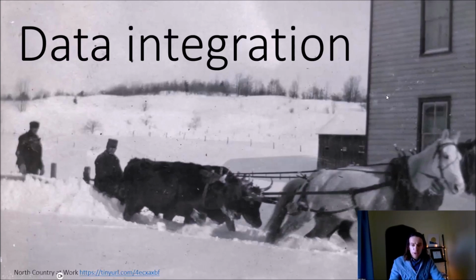I'm not an expert when it comes to horses and oxen, but I assume that these animals require different harnesses. You can't just put a horse in an ox's harness or vice versa. This is true with data integration as well. We want to acknowledge and account for the differences among the data types that we're integrating. We don't want to just indiscriminately throw them together.